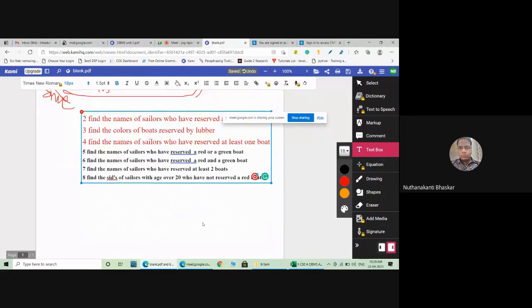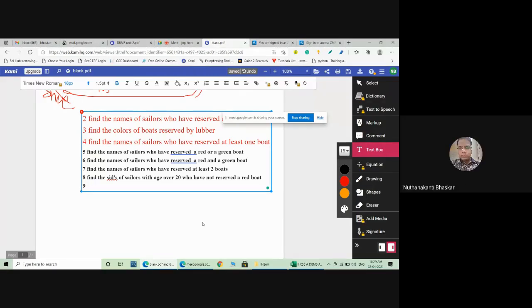Means what is the meaning here? You are going to display the sailor ID of those who are above age 20 and have not reserved a red boat. Two conditions are there here. One is age above 20, another one is they have not reserved a red boat. So this is exactly the eighth query. Clear eighth query?